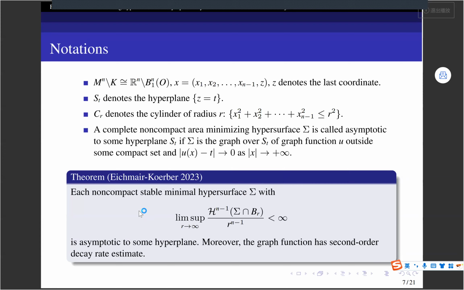So a theorem due to Edgemere and Kober shows that for a general non-compact stable minimal hypersurface in an AF manifold, it has a very nice description at infinity. Actually, you can always show that this surface is asymptotic to some hyperplane. So this shows that area minimizing hypersurfaces in AF manifolds have very nice behavior in general at infinity.